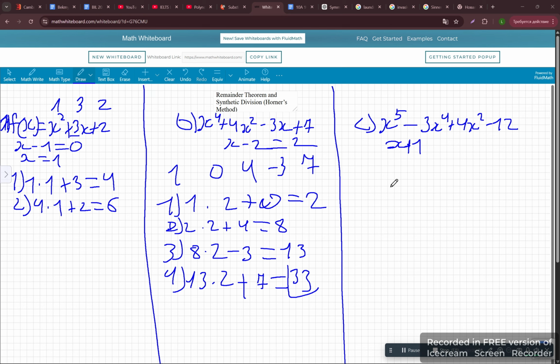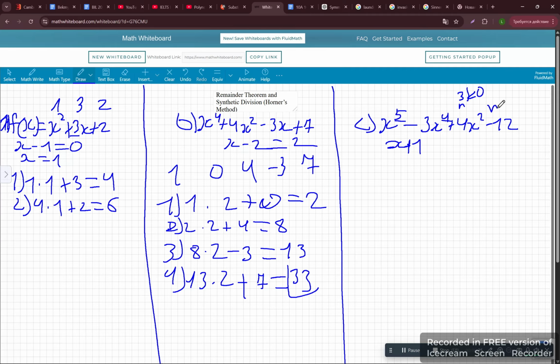Let's begin to solve a question with Horner's method. The first step: you should identify whether there is any problem with the sequence of degrees in each polynomial part. There should be 5, 4, 3, so in each missing degree there is 0.